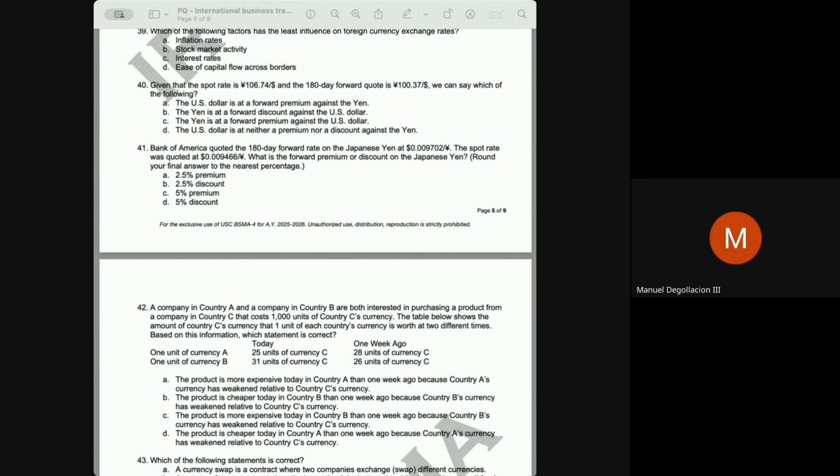So the question now is whether it's 2.5% premium or just 5%.